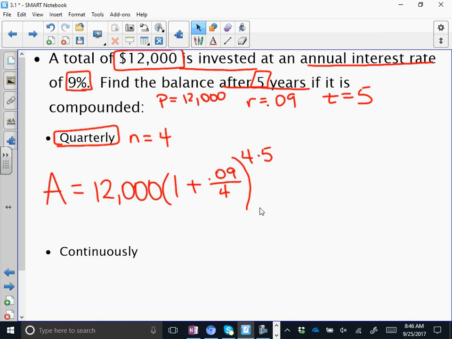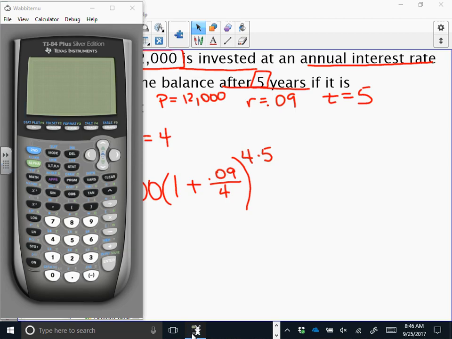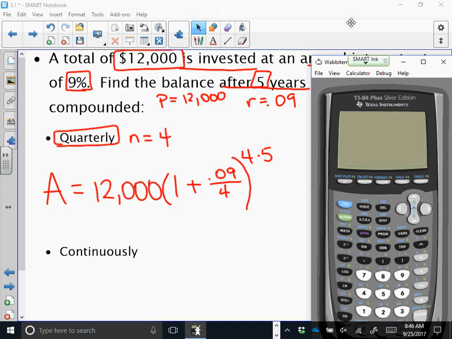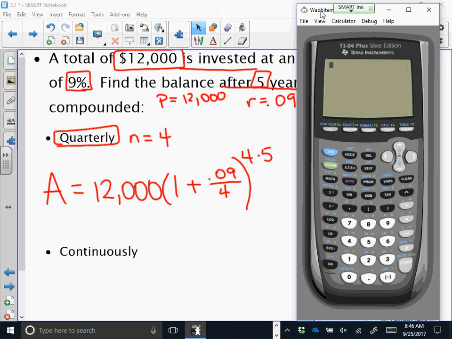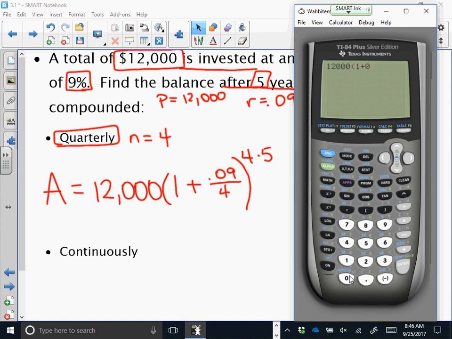You have very nice calculators. Please do not plug in one calculation at a time to figure this out. We can put it in all together. You can type in 12,000, and then you have parentheses, and you can type in 1 plus 0.09 divided by 4.